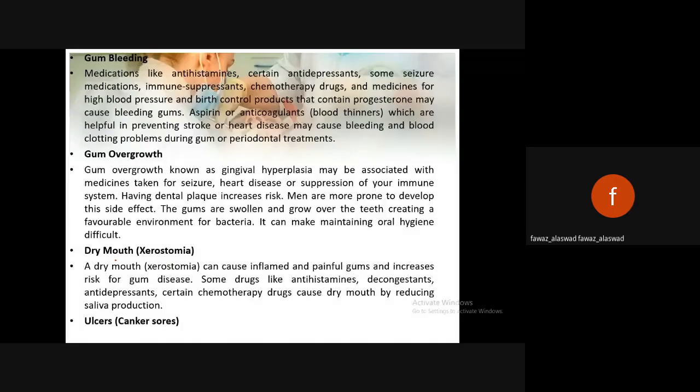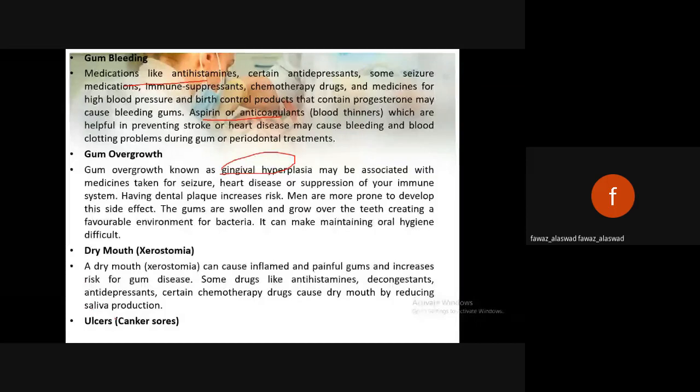Regarding the gingival area, as we said, medication may sometimes be associated with bleeding, such as taking antiplatelet or anticoagulant drugs. Sometimes we could demonstrate gingival hyperplasia, mostly occurring in patients with epilepsy who take anti-epileptic medication, or sometimes cyclosporine may lead to that.